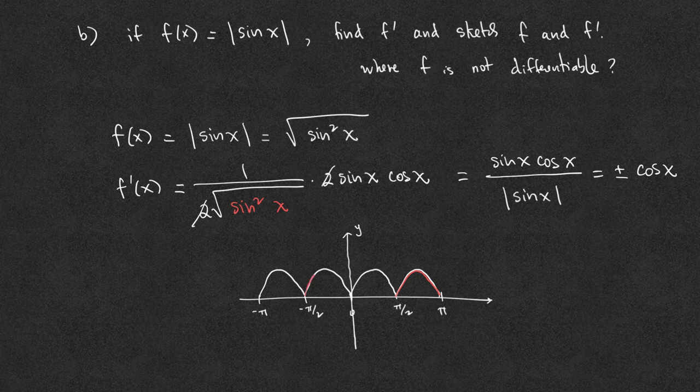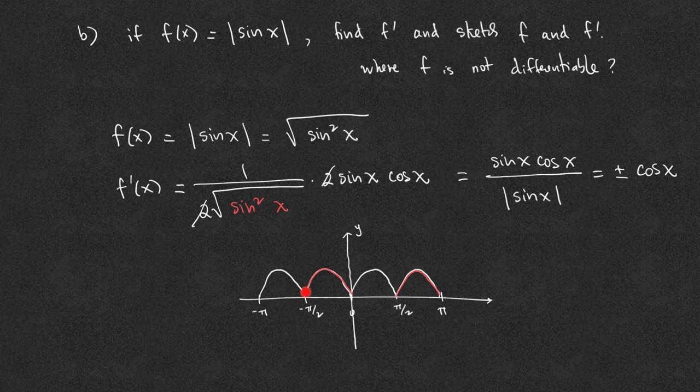Without the absolute value, sine of x would have been negative on these two intervals, negative pi over 2 to 0 or pi over 2 to pi. Keep in mind that the domain of sine is the set of all real numbers, and so this keeps going on forever.